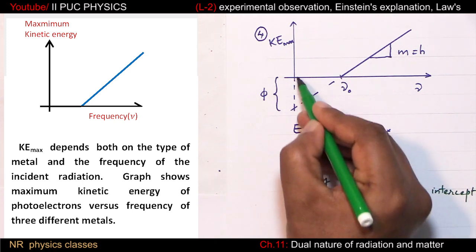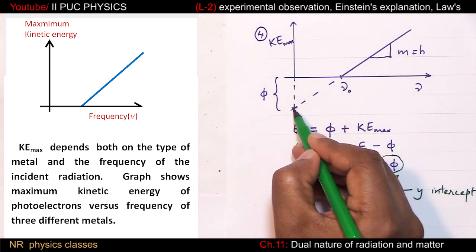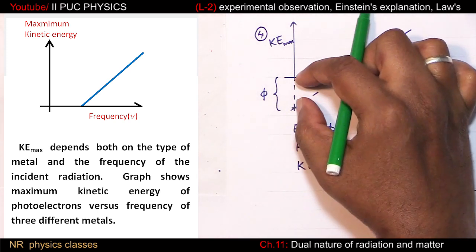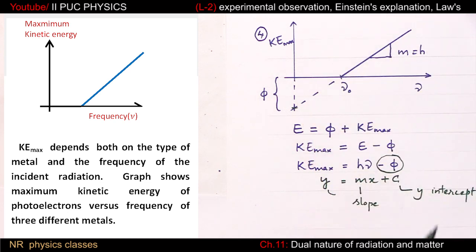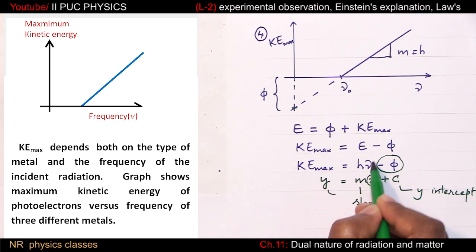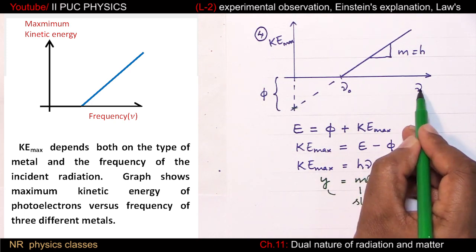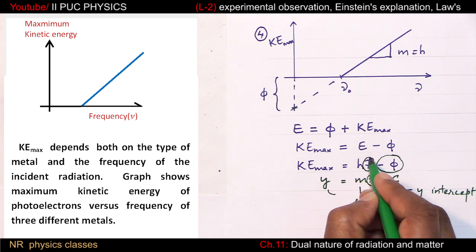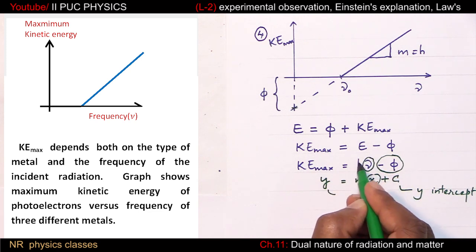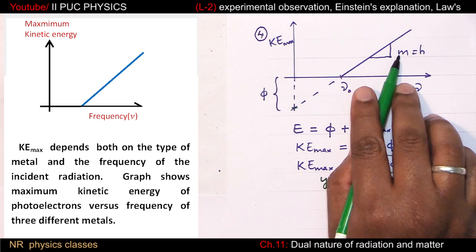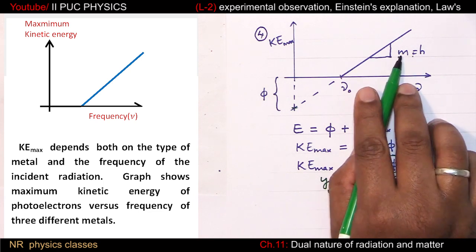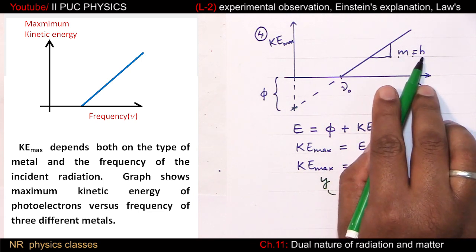Minus phi means negative sign phi. Therefore, this magnitude represents work function. Coefficient of x is slope. Along x-axis there is frequency, so this is the variable. So coefficient of variable is Planck's constant. Therefore, m is h. Slope gives Planck's constant.